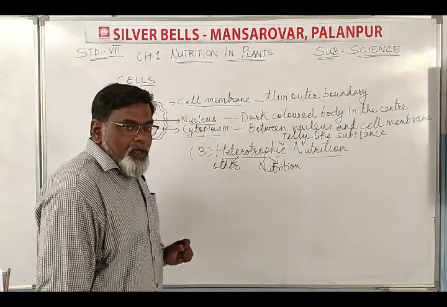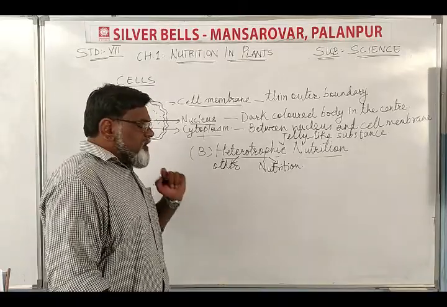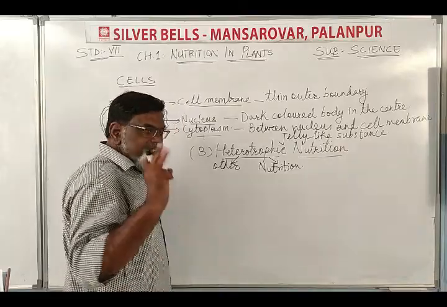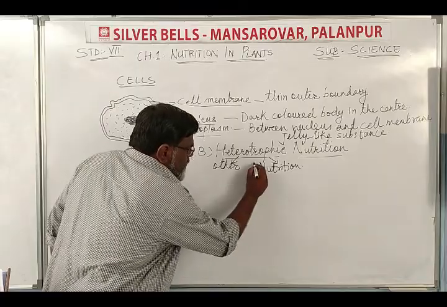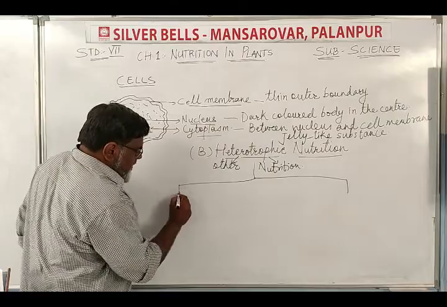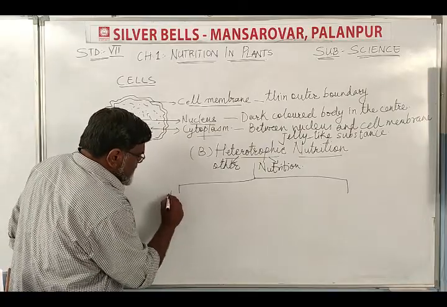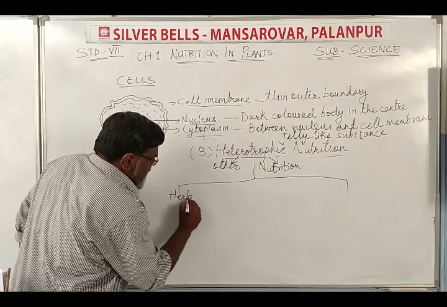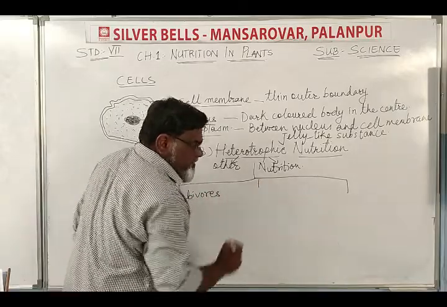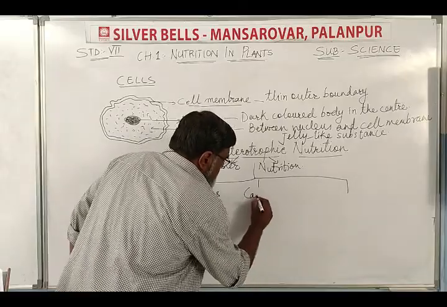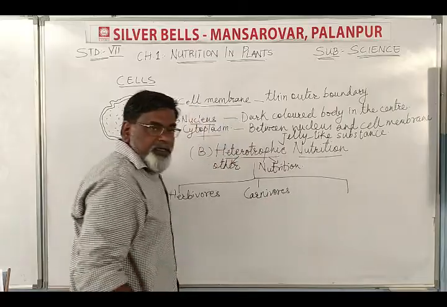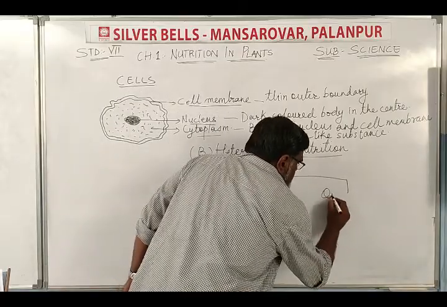So all the animals are heterotrophic. Now they have been distributed in three types. Heterotrophic is distributed in three types. One is herbivores, second is carnivores, third is omnivores.